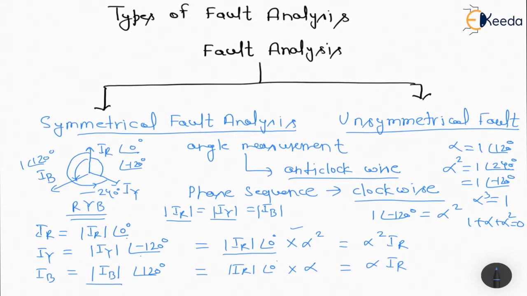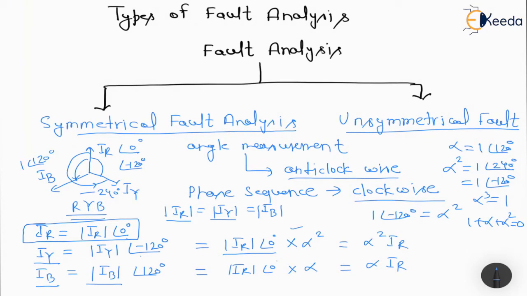So there is one common thing here. If we are studying a symmetrical condition, then we can calculate on a single phase basis. If you are calculating the phase current IR, then you do not need to calculate IY and IB separately.